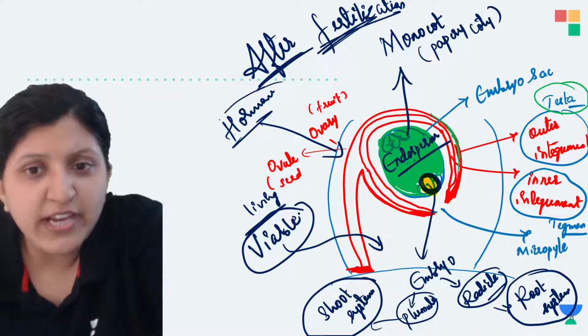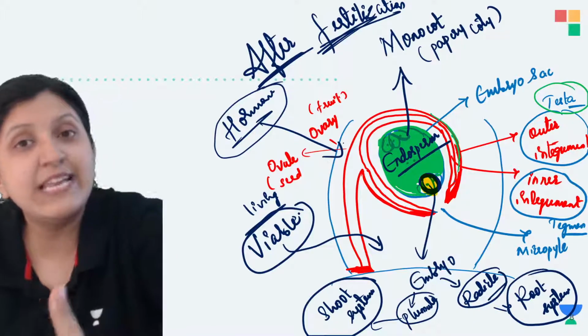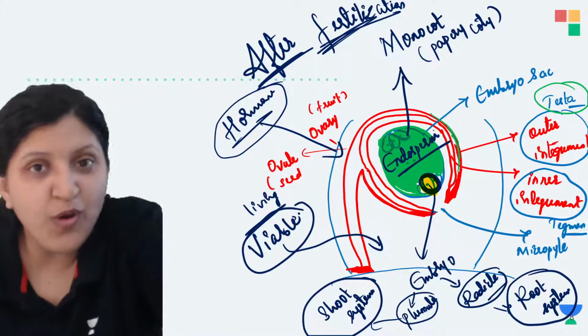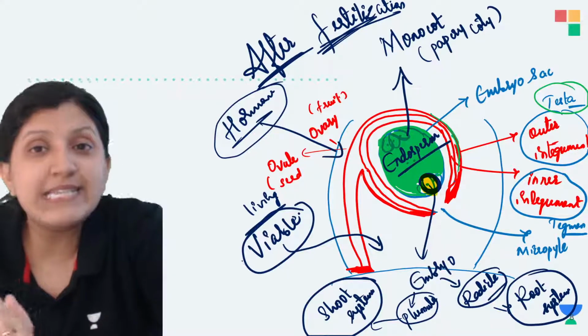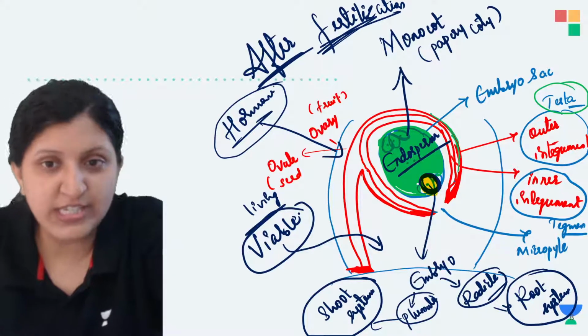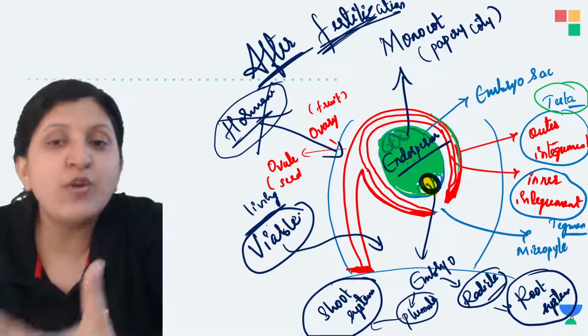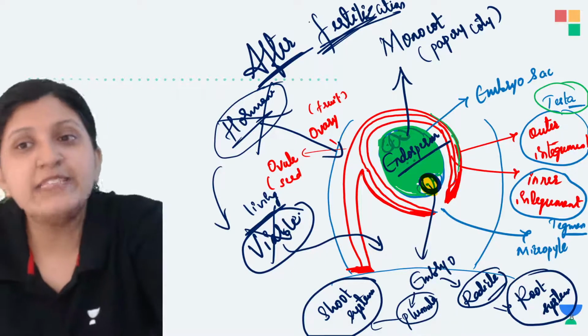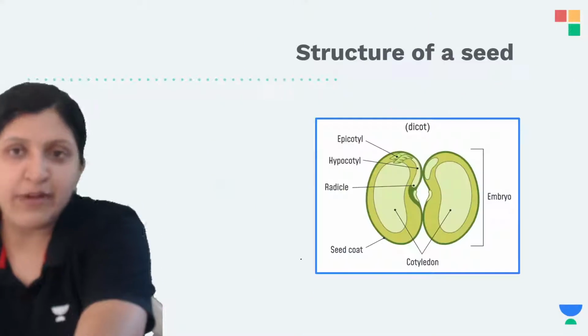They inject a hormone into these fruits, and even without fertilization, you can see fruit formation and seed formation. But the seeds are not viable in such cases. The seeds are not viable when the hormones are applied, whereas after fertilization, they are viable seeds.